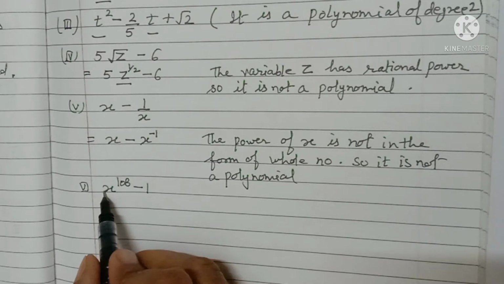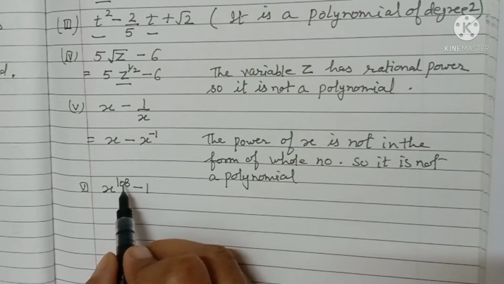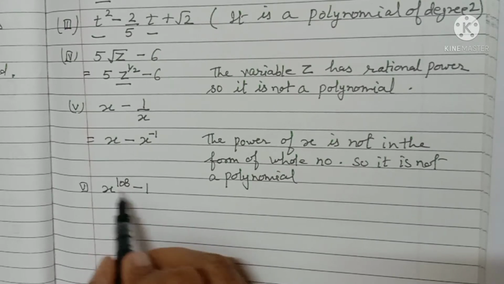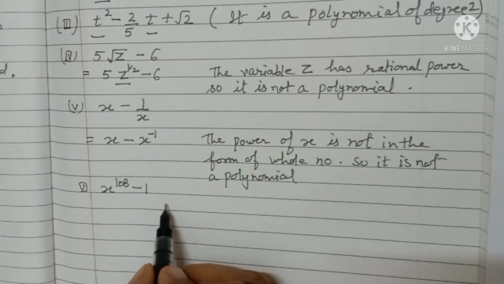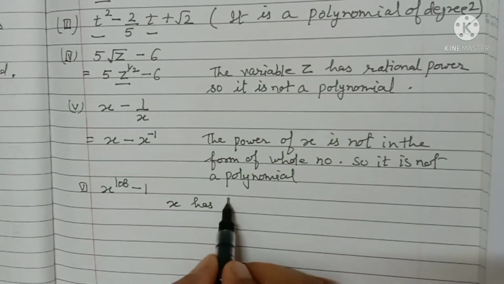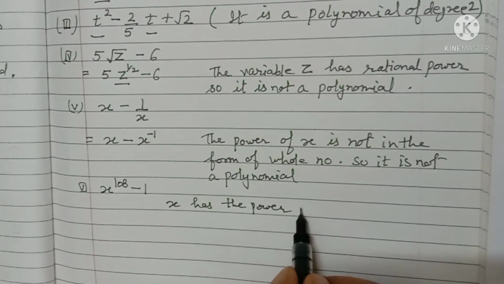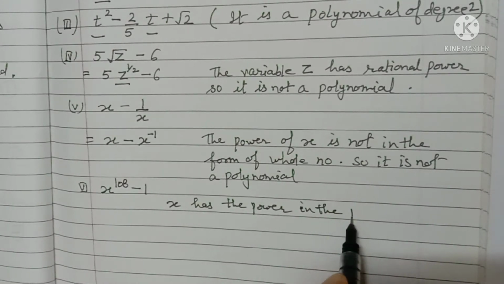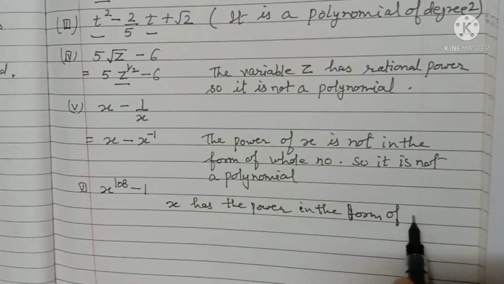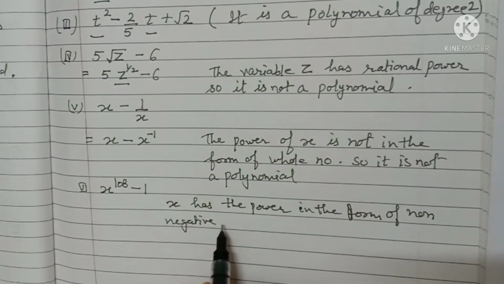Because x has the power in the form of a whole number, or we can say a non-negative integral power, you can write that x has a power in the form of a non-negative integral power.